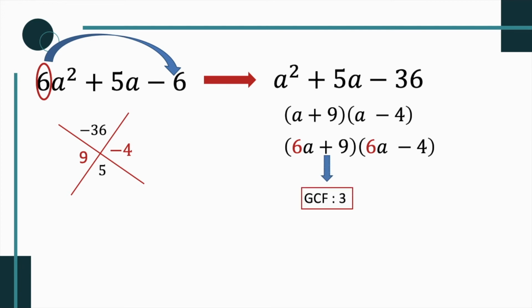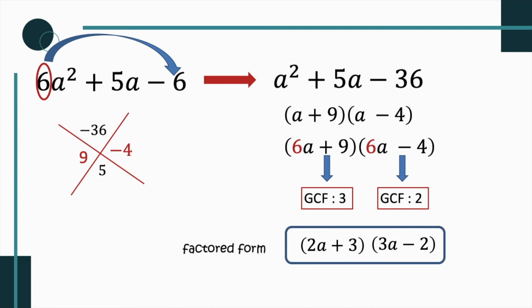Dividing each term by 3 will give us 2a plus 3. While for the second factor, 6a minus 4, the GCF is 2. Dividing each term by 2 will give us 3a minus 2. Therefore, the factored form of 6a squared plus 5a minus 6 is 2a plus 3 and 3a minus 2.